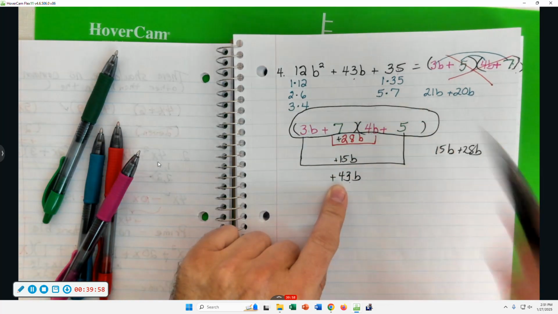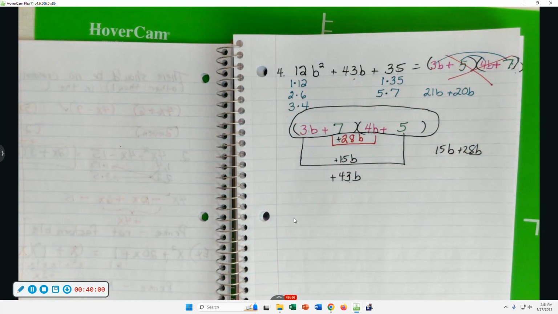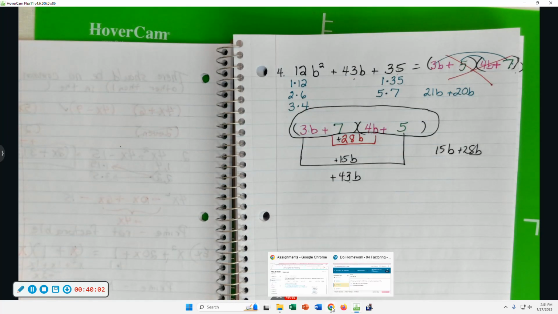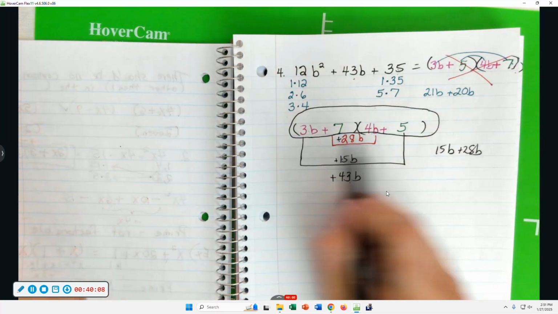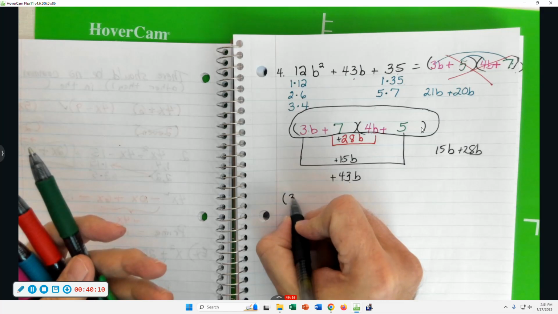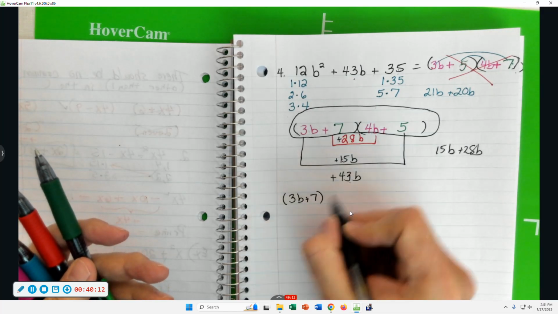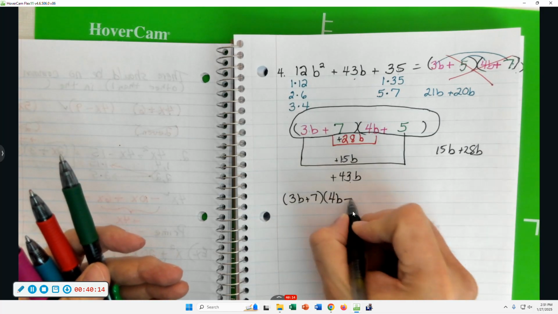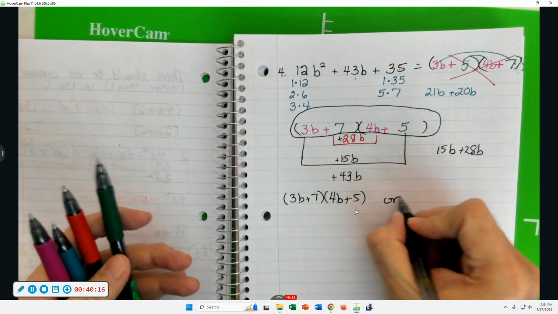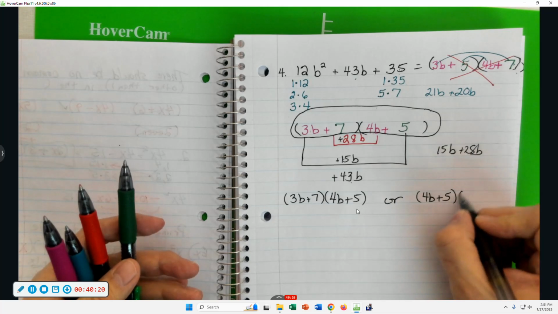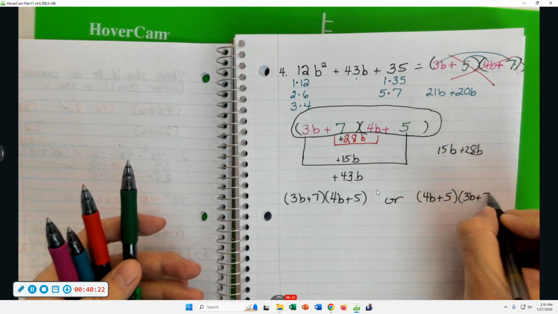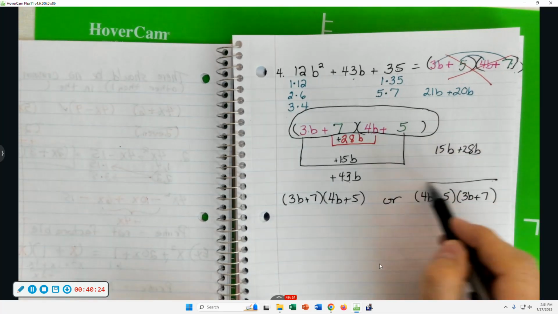So 3B plus 7, 4B plus 5. As long as you have the same thing inside the parentheses, the order doesn't matter. You can put 4B plus 5 times 3B plus 7. You can type either one of these in. My MyMathLab would count either one of those answers correct.